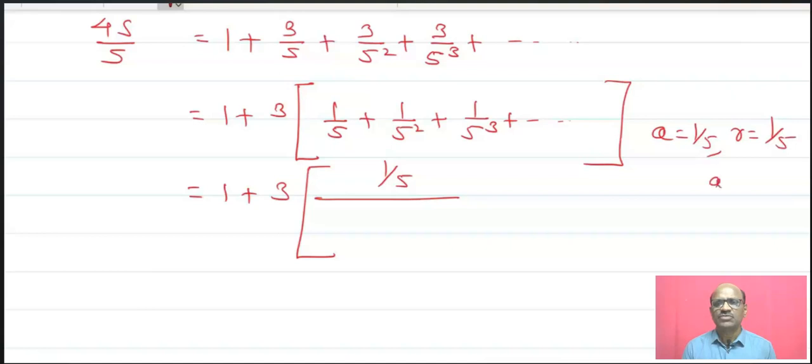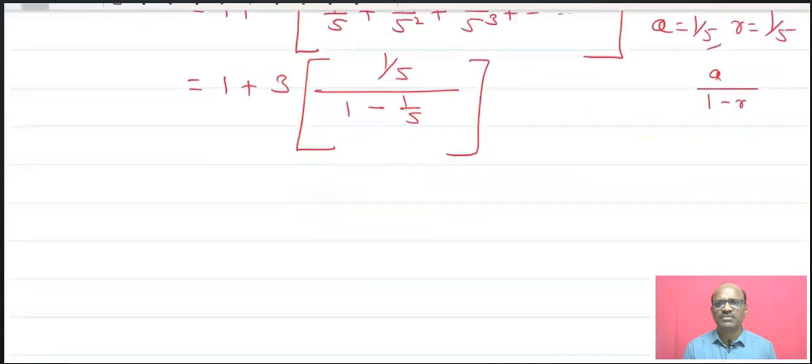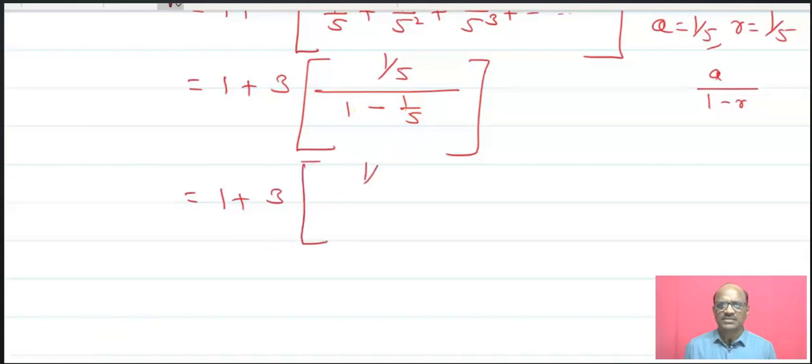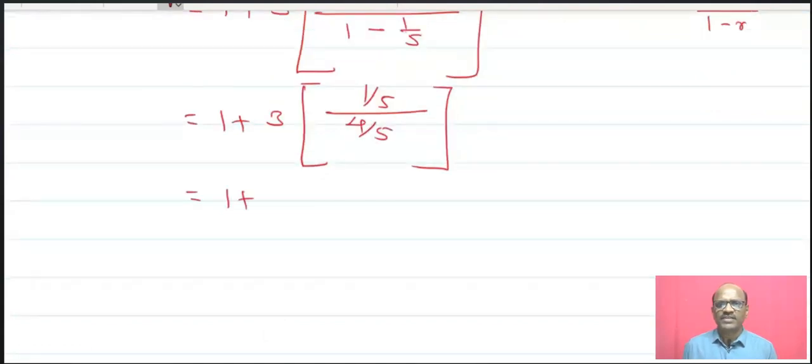A is equal to 1 upon 5, and r is equal to 1 upon 5, therefore 1 upon 5 upon 1 minus 1 upon 5. Now simplify this. That is 4 upon 5, the 5 gets cancelled.